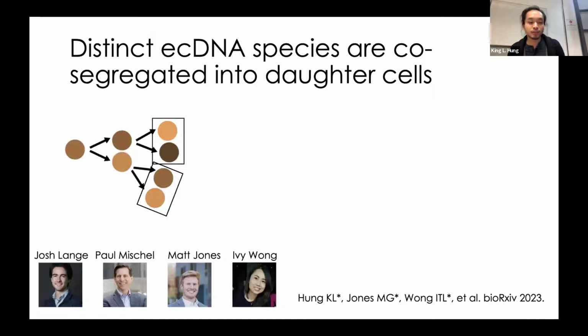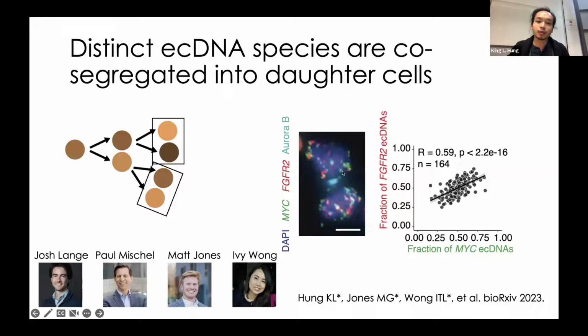To address this question, I worked with Josh Lang, Paul Michel, Matt Jones, and Ivy Wong on measuring ecDNA copy numbers in dividing cancer cells. The way we did this was we used immunofluorescence labeling to look at a mitotic protein called Oncogenes B, which marks daughter cells coming from one dividing cancer cell.